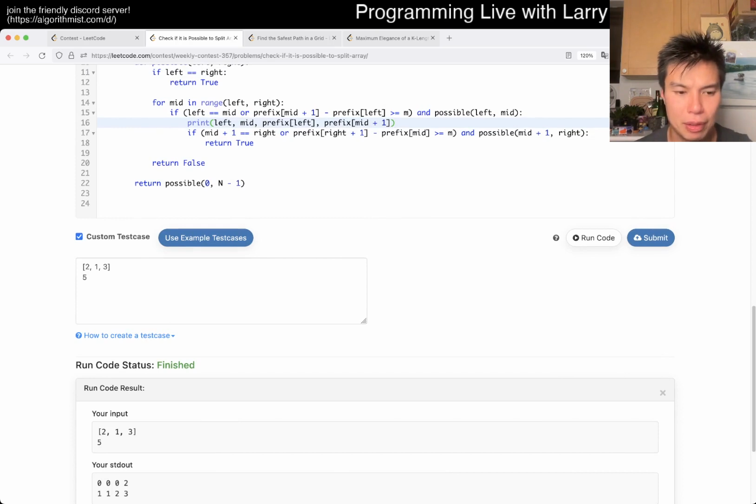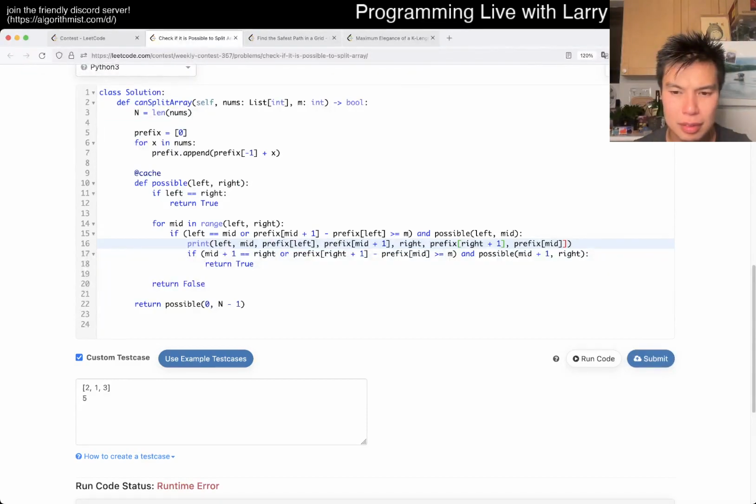Well, that part is fine. Okay, right. Did I do this wrong? Why is this not summing correctly?